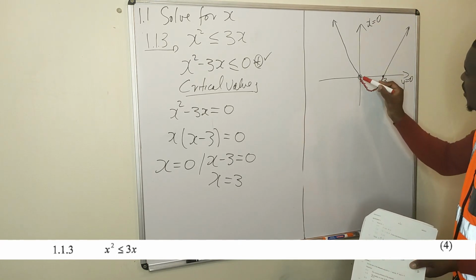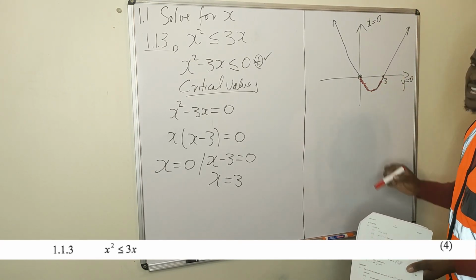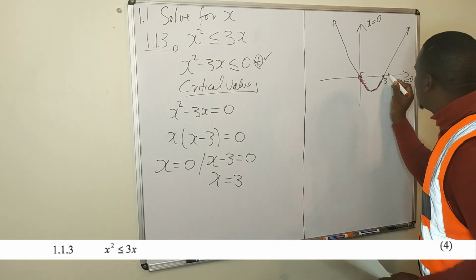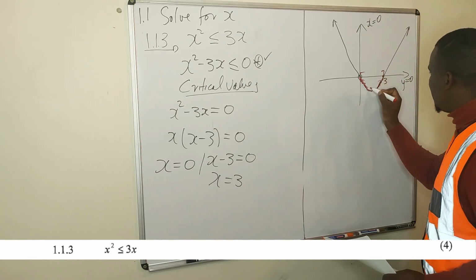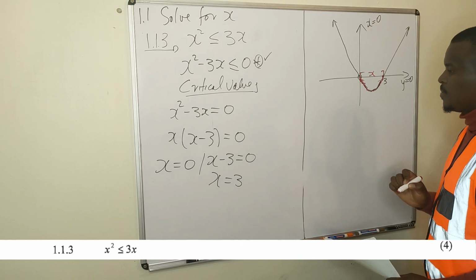So what are the corresponding x values for this interval, where it is less or equal to 0? Our interval starts here and goes to this point here, because these are the x values where this thing is negative.